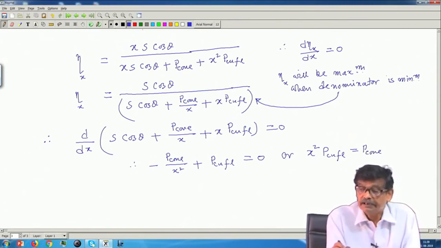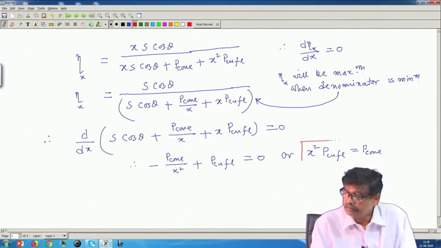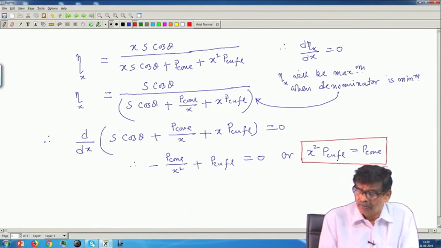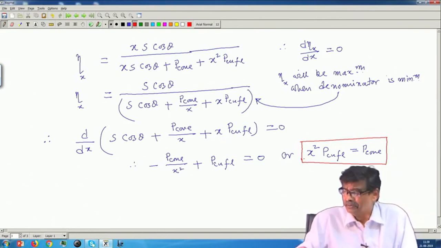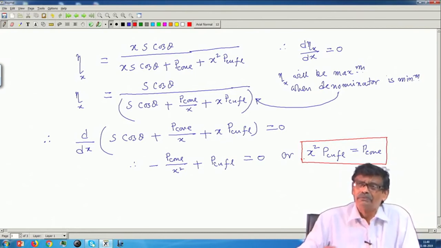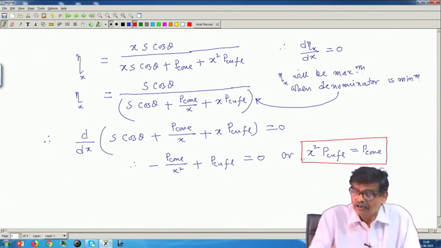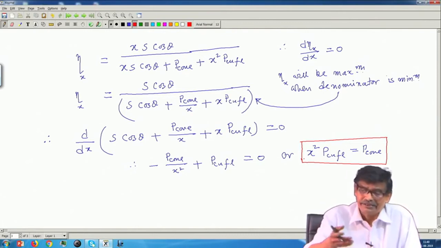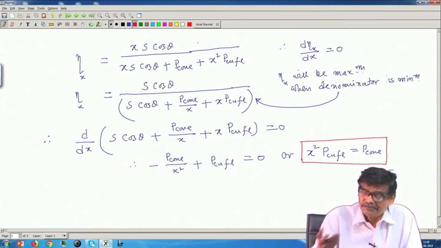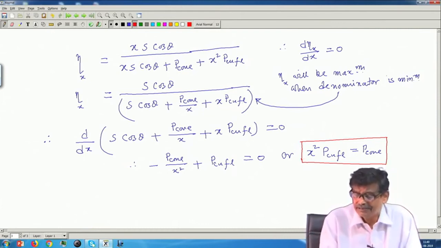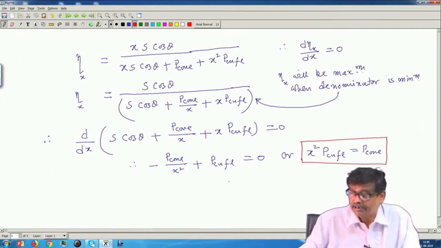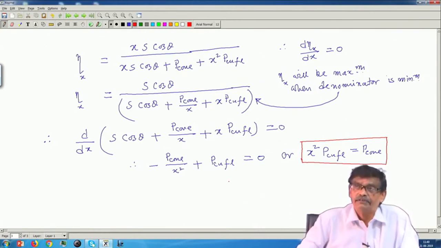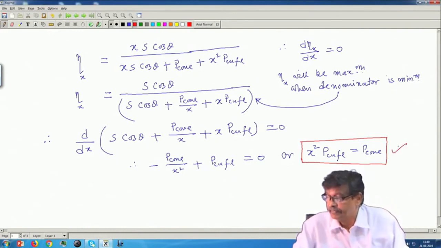This is one very important result. Whether it is minimum or maximum, you calculate this, double differentiate, you can show this is the point we are looking for. Only thing, you could also differentiate this expression, then in the numerator there is x, denominator x, I want to maximize this, means you minimize this one, it is just a one line derivation. That is why I have adopted this, you divide by x, because we are looking for some finite values of x for which efficiency will be maximum, and this is the condition.